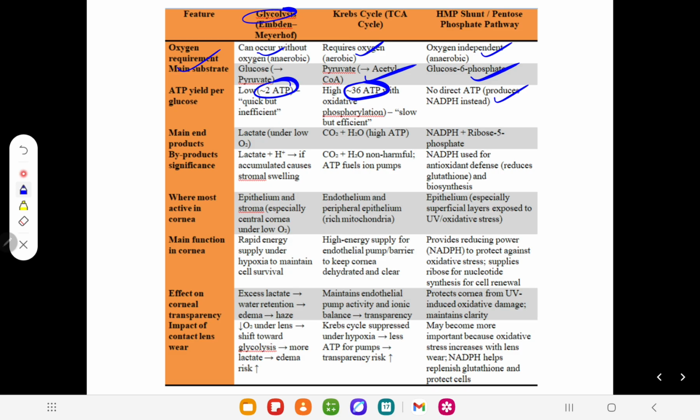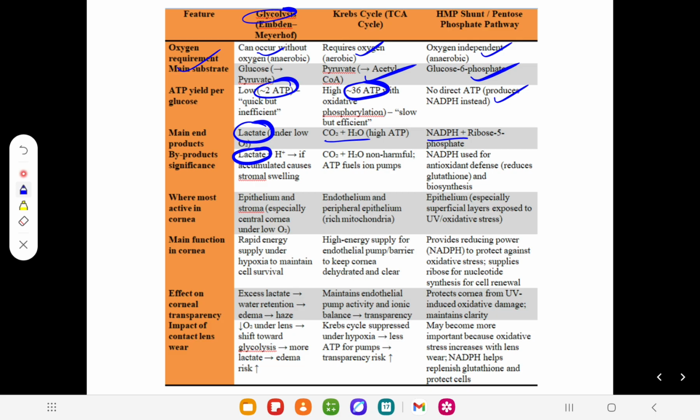Then the main end product matters a lot, because in glycolysis it is lactate, which is very important. In the Krebs cycle it is CO2 and H2O, which disperse very easily. In the HMP shunt it is NADPH. So what is the significance of the byproduct? If more lactate is produced and accumulates in the stroma, then what happens?